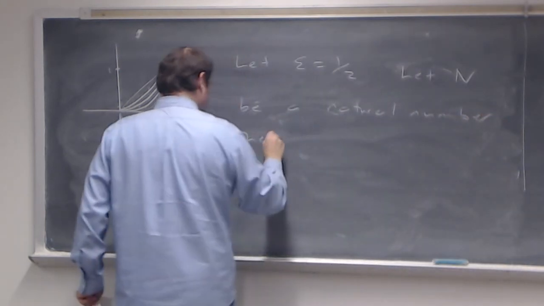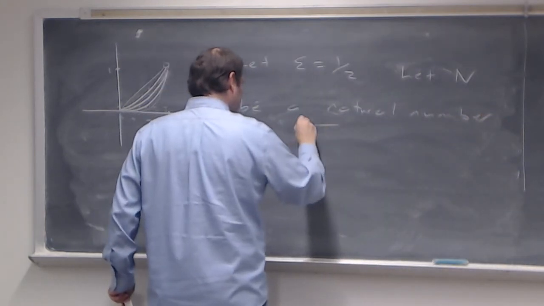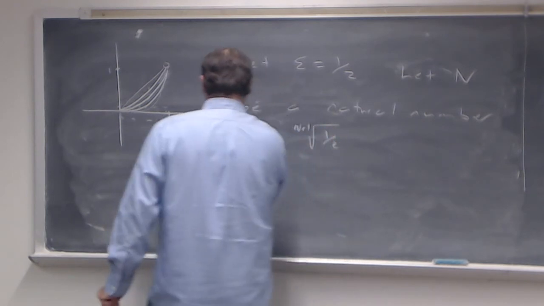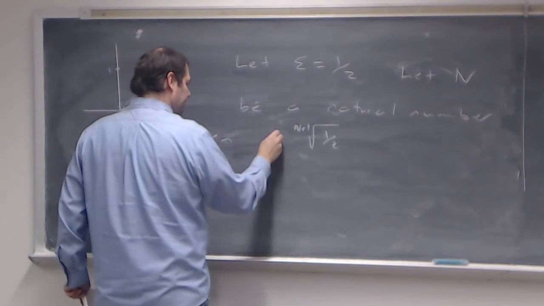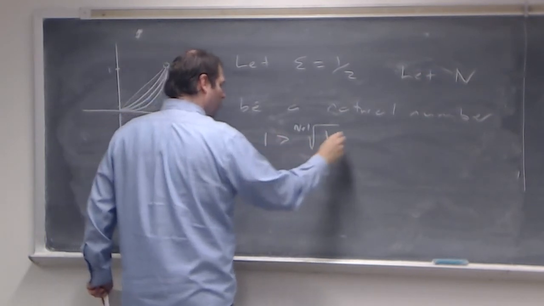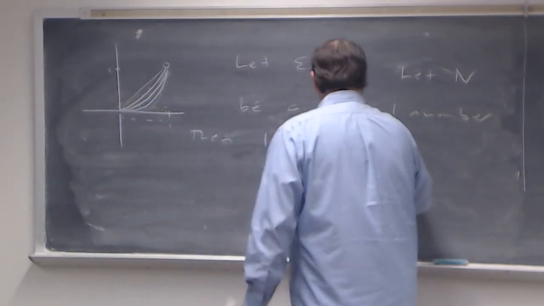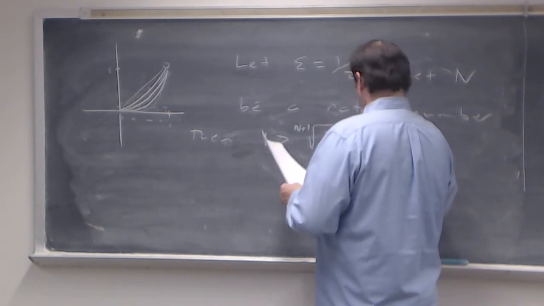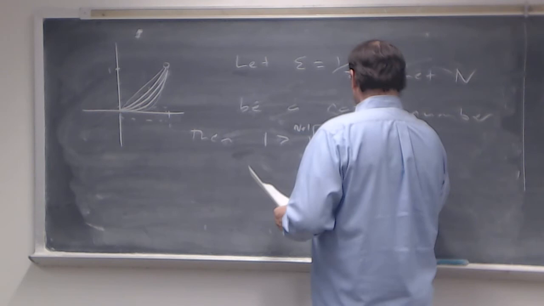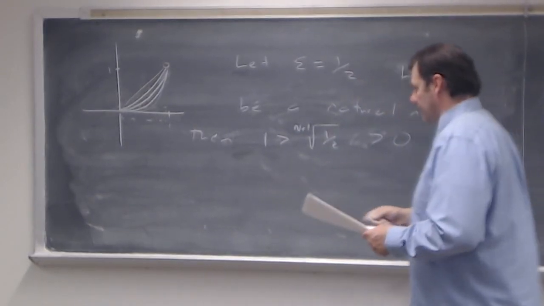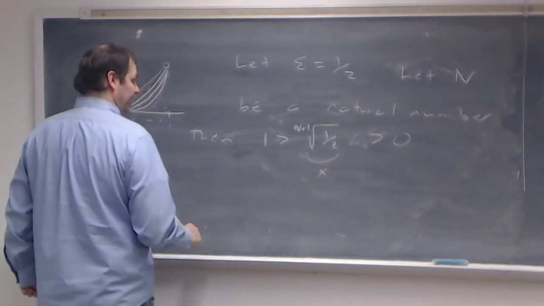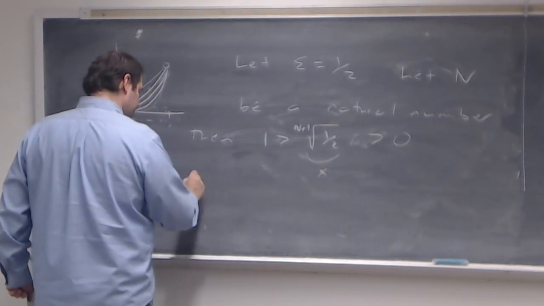Then the n plus 1 root of 1/2 has the property that it's less than 1 and yet bigger than 0. Okay? And so this is an x in the domain of these functions.